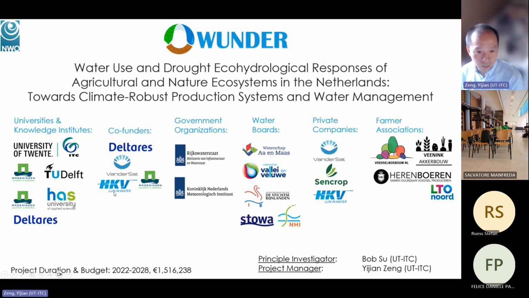We also have HKV, a hydrological company working on hydrological modeling and monitoring. We also have government organizations, water boards, private companies, and farmer associations, because we want to build a connection with our stakeholders.